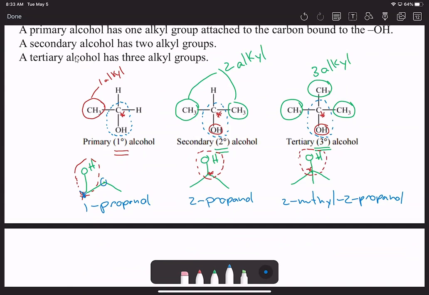I know that there's 2 carbons on the chain, but I'm not asking how many are on the chain. I want to know how many carbons are directly bonded to this first carbon, to carbon number 1, where that alcohol group is at, and it is just 1 carbon. Primary alcohol. Here, 2 alkyl groups, secondary alcohol. 3 alkyl groups, tertiary alcohol.